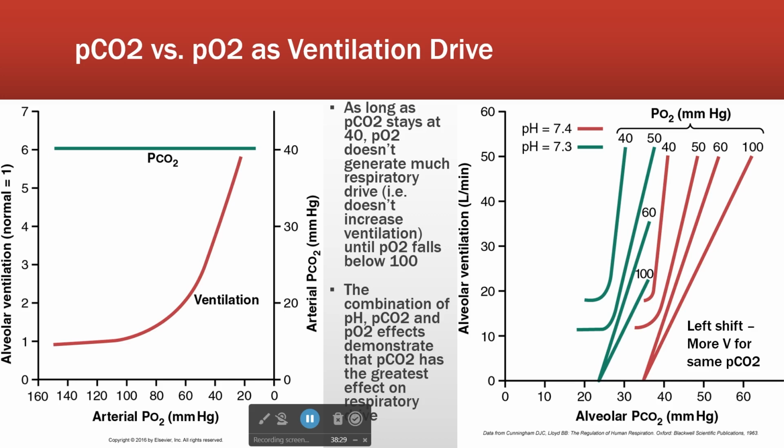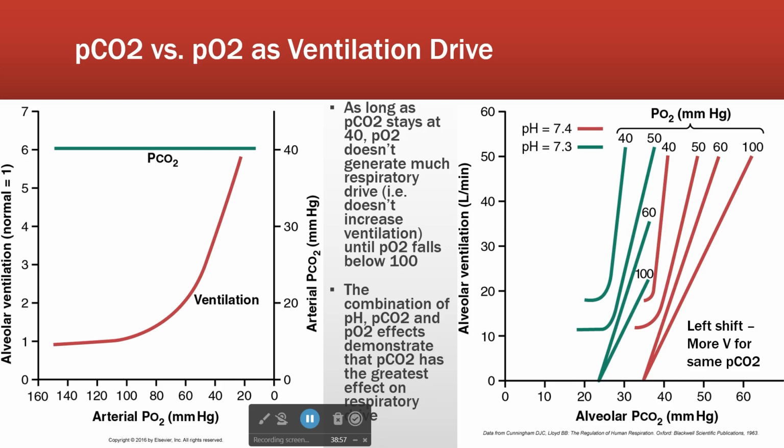First off, left shifts. You can see the red lines are a pH of 7.4. The green lines are a pH of 7.3. Now, if you compare the numbers, what you can see is that at the lower pH, in other words, when the curve is shifted to the left, we have more ventilation for the same PCO2.